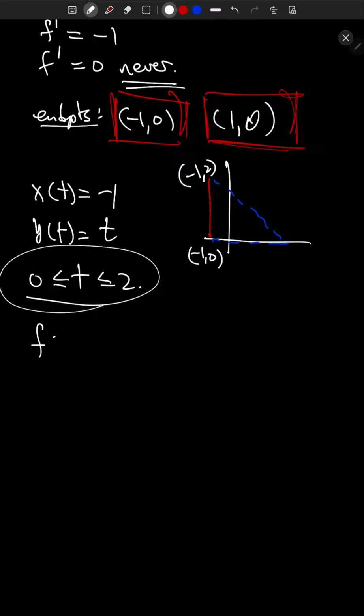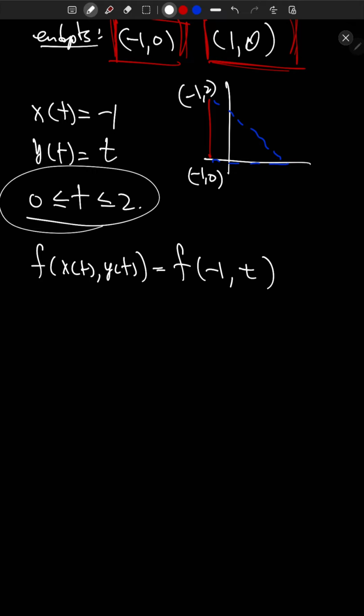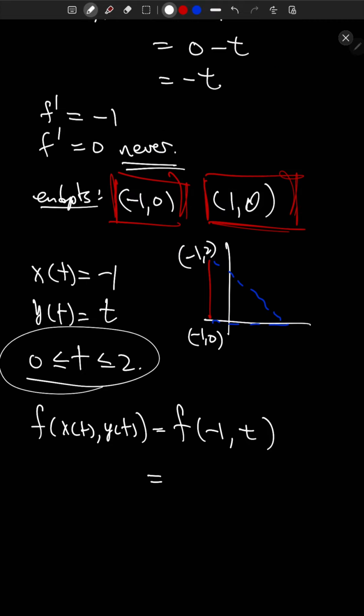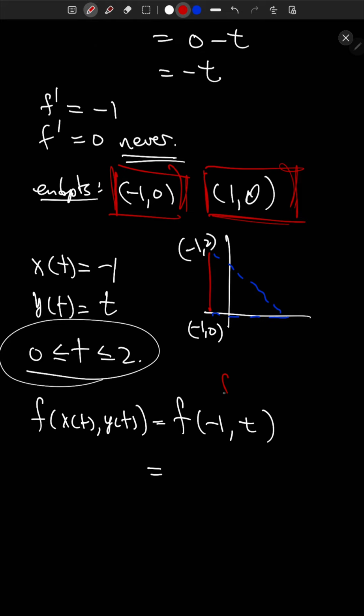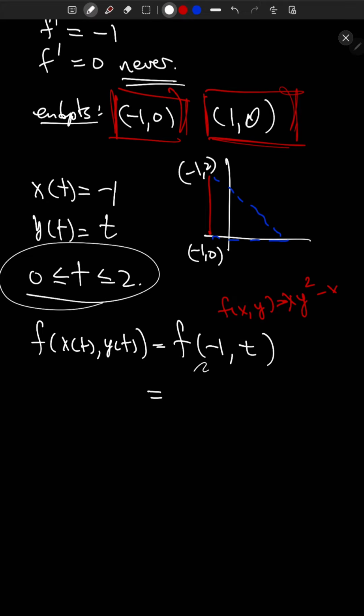So f of x of t, y of t is equal to f of -1, t. And that's going to be, again, my f was, let me rewrite it, f of x, y is xy squared minus x. And so this is going to be -1 times t squared minus -1.